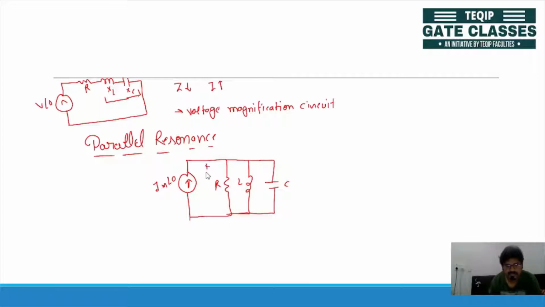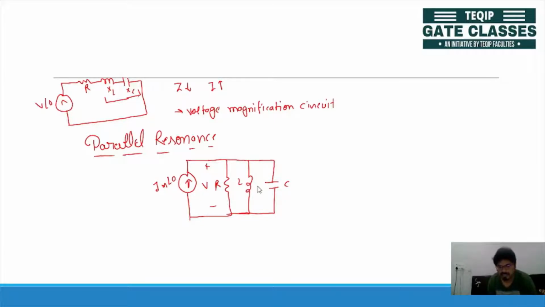Here we will analyze it in terms of admittance, because the voltage V will be the same in each element, that is in R, L and C. The current will be different; in parallel, current divides. Why are we doing this calculation in admittance?